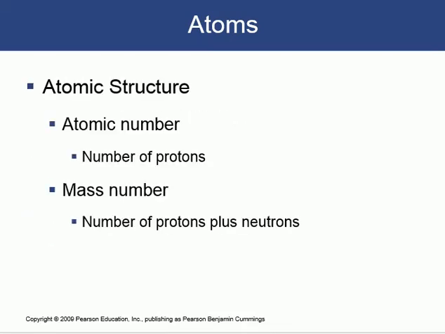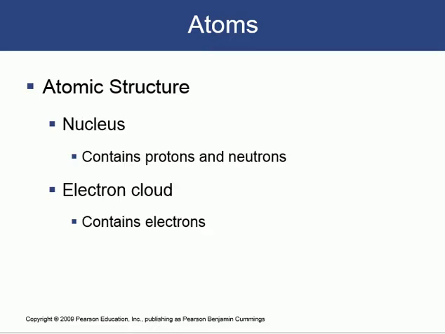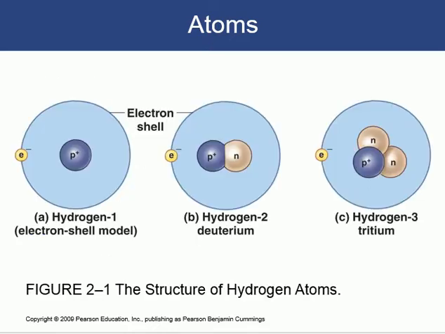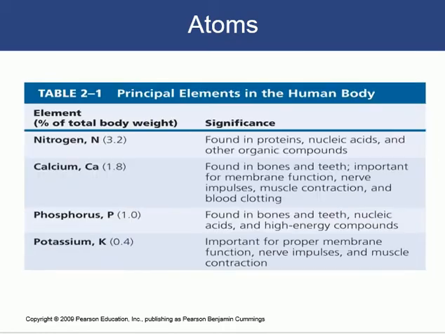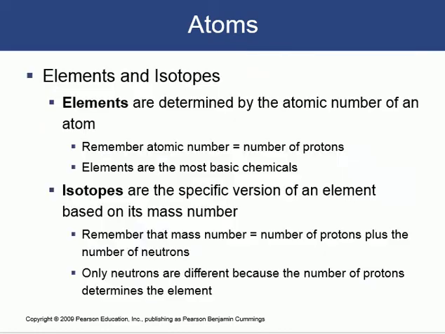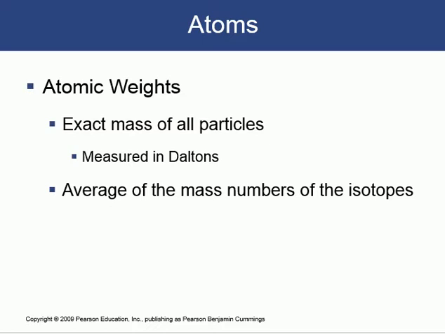What's the atomic number? What's the mass number? What is the element and the isotopes? What does isotopes mean? And what's the atomic weight? These are the terminology that you need to know, each one of those.